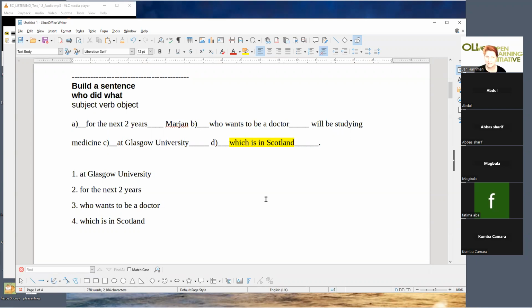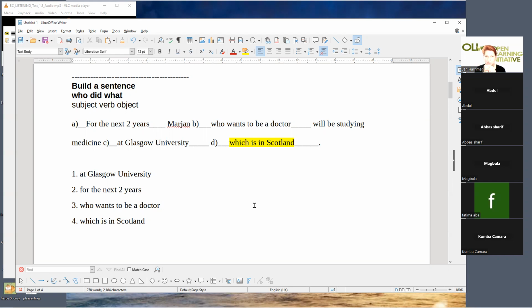All right, so good job, everyone. Now, do we have a sentence that gives us a lot of information? Yes. We know a lot more about Marjan now, don't we? This is good. So once again, this is how we build information into a sentence.